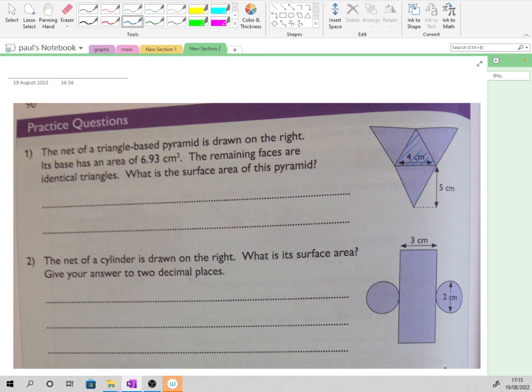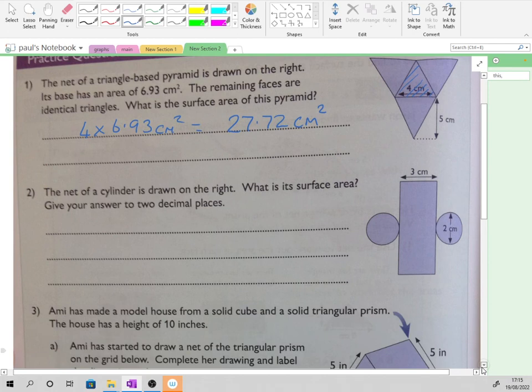This is easy, so we've got 1, 2, 3, 4 of them. So it's just 4 times 6.93 centimeters squared, which equals 27.72. So when we do the harder bits, and when I'm trying to explain what to do, the actual questions we get, most of them seem a lot easier than what we've just done.